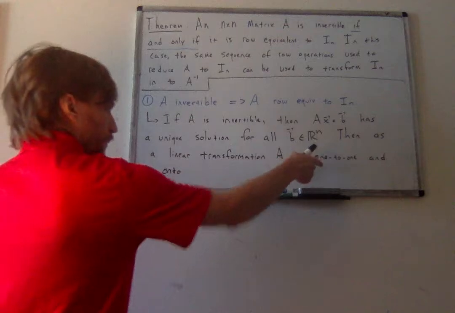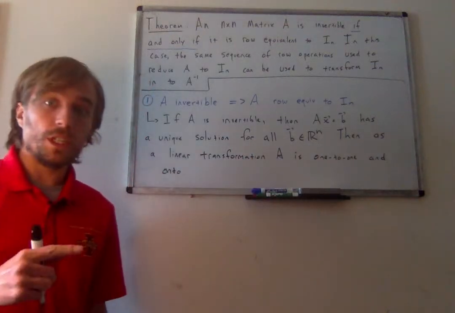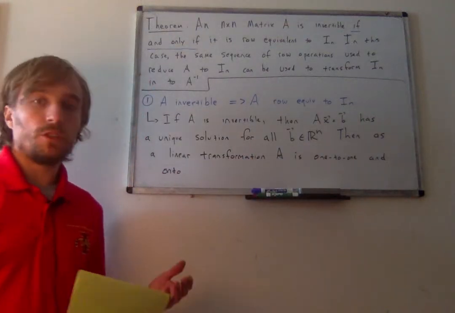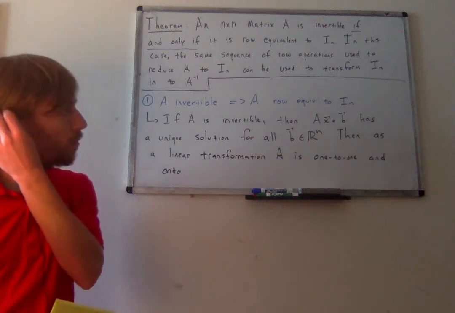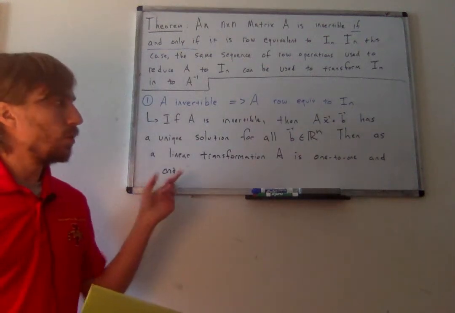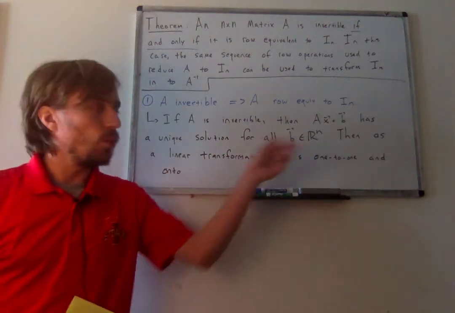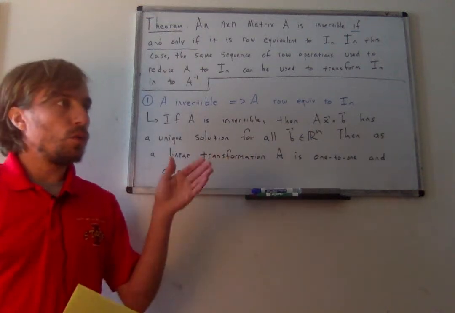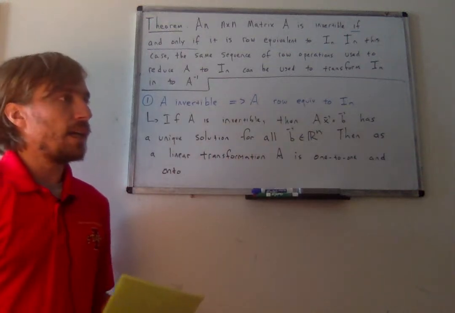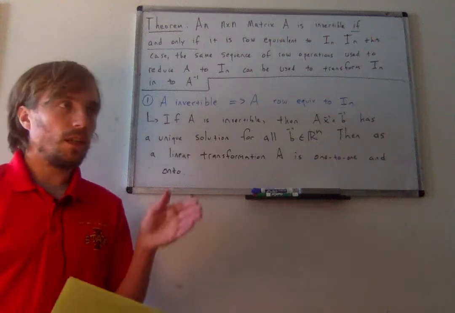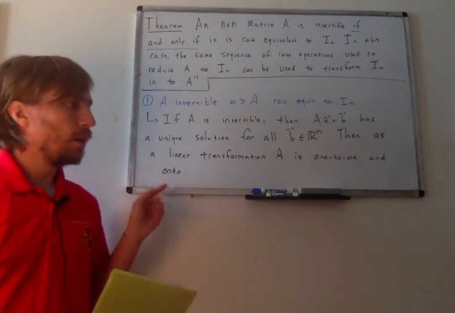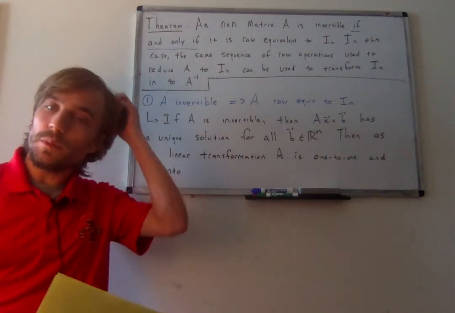But these two facts together, we've already shown with an n by n matrix. 1-to-1 means that when we reduce A, we get a pivot in every column, or a leading one in every column. Onto means we've got a pivot in every row.